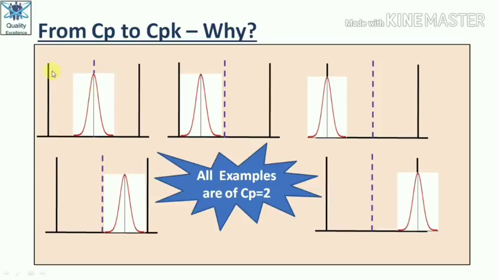If we consider this as 2 and this process width as 1, then your CP will be 2. So the process width and the specification width are the same for all the 5 incidences. So what does it mean? CP is the same for all the 5 cases.